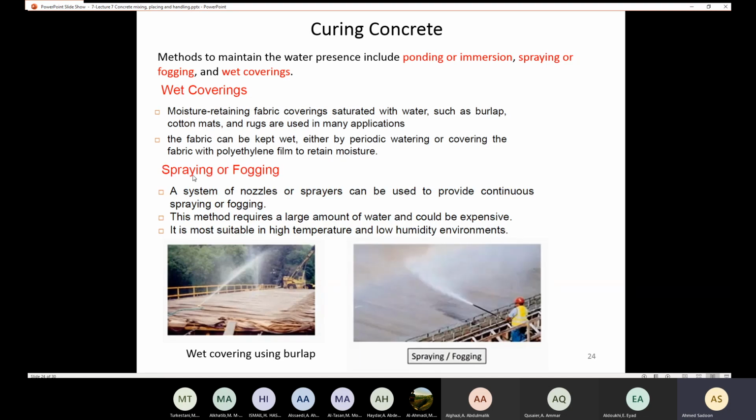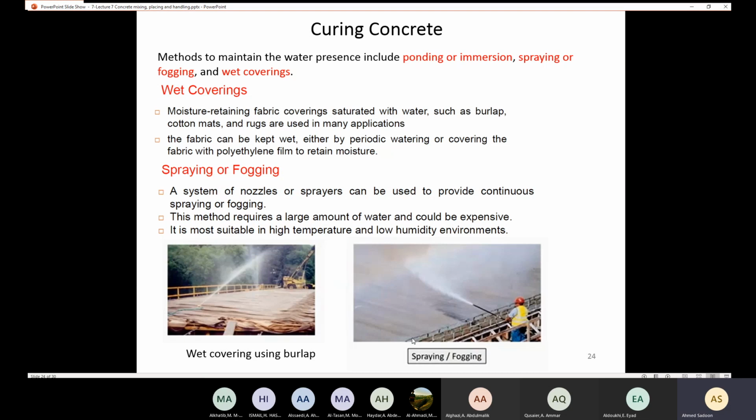The second method is spraying or fogging. In this method, a system of nozzles or sprayers can be used to provide continuous spraying or fogging, so that the water content in the air does not change.